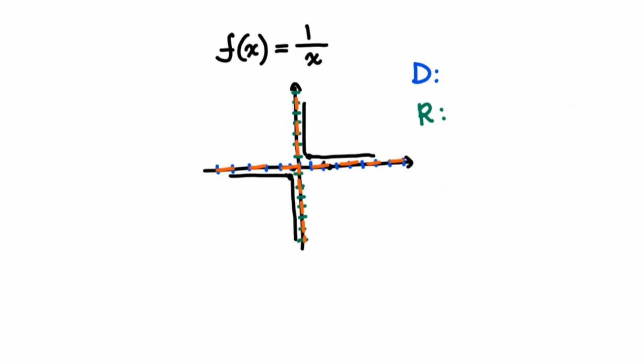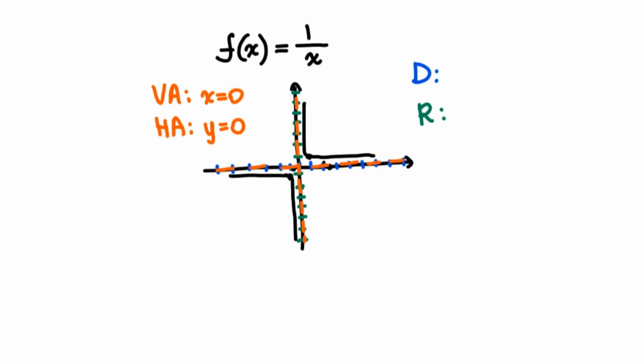Now let's look at another function, and it's a rational function. We have a reciprocal of a linear function, which is 1 over x. The graph of such function looks like this. We have two asymptotes, the vertical asymptote with an equation x equals 0, and a horizontal asymptote with an equation of y equals 0.